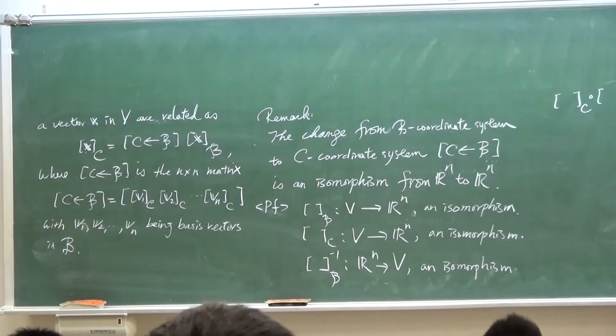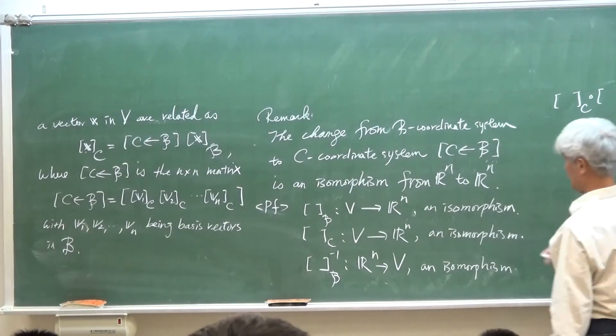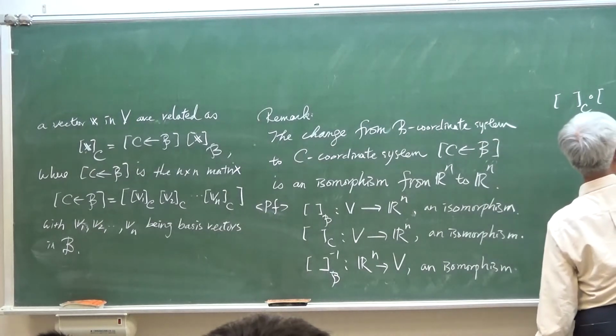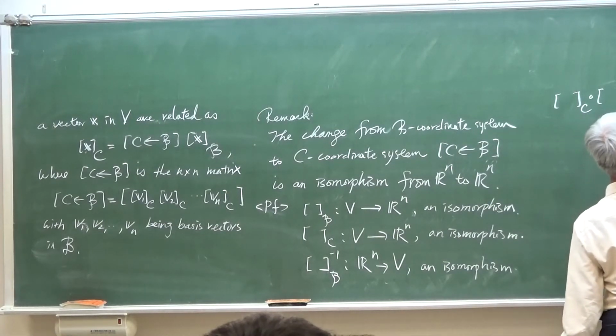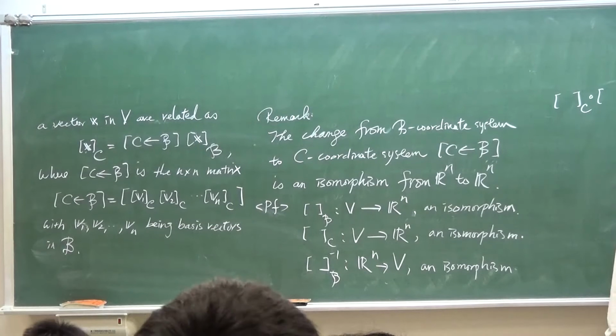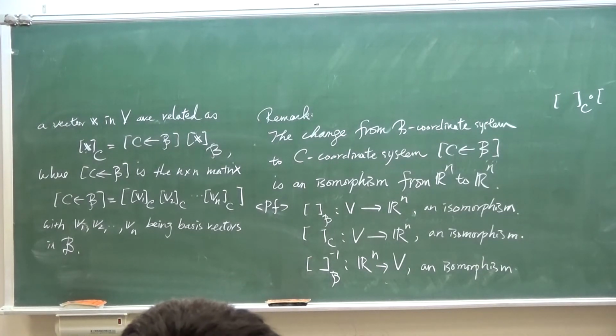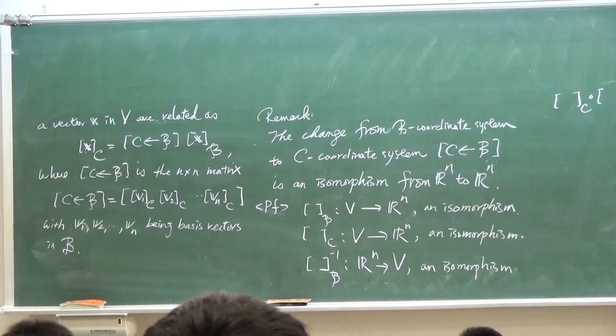The composition is that you go from R^n to V, so you have R^n to R^n. It's an isomorphism, because we proved that the composition of two isomorphisms is also an isomorphism.